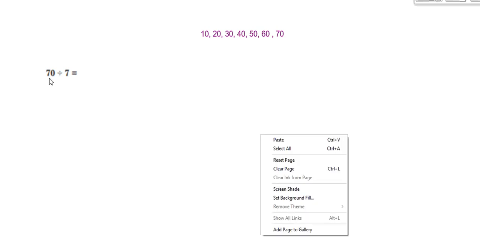When I look at the numbers, I immediately realize that 70 is a multiple of 10, right? So instead of having to draw circles and all of that, I skip count by 10, and that will help me tell what the answer to the problem will be.